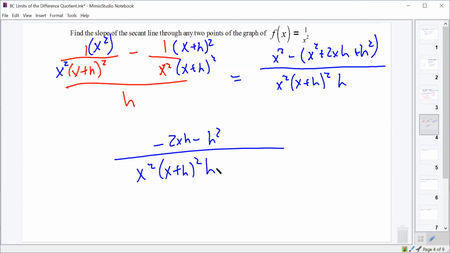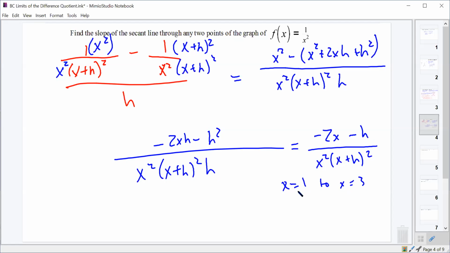So far, good? Hopefully. And then we can divide both the numerator and the denominator by h to give us negative 2x minus h over x squared times x plus h squared. And so once again, if we were looking for the slope of the secant line through the points, let's say we wanted to go from x equals 1 to x equals 3, our h value would be 2.